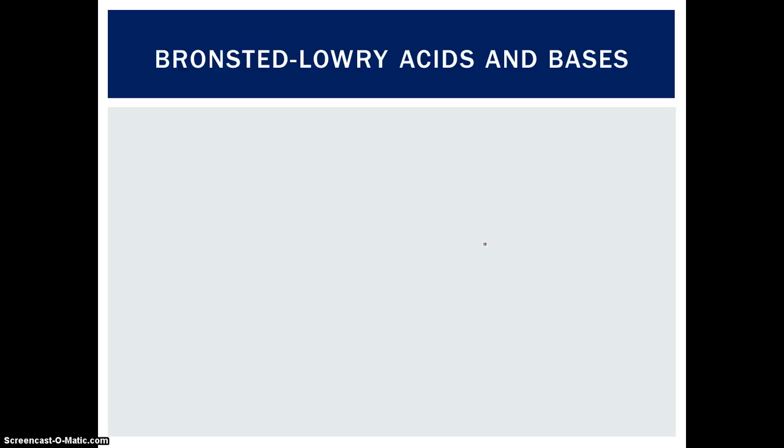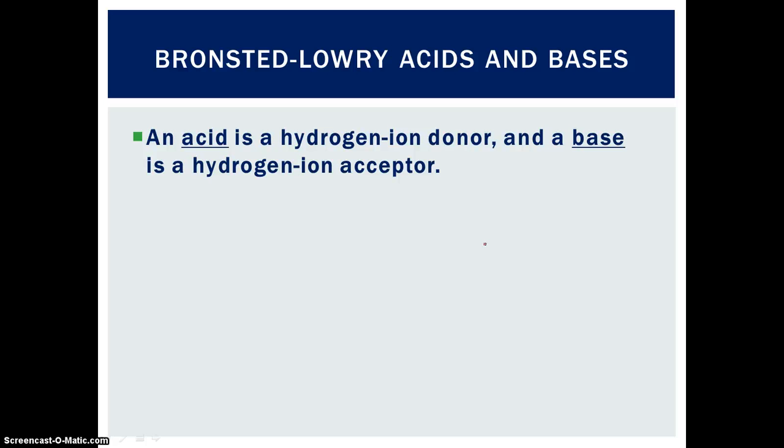The other definition, the Bronsted-Lowry definition, takes a little bit more work to understand. Here, an acid is defined as a hydrogen ion donor. Remember, hydrogen ion is H+. If we remember our structure of H+, we're just going to have one single proton, no electrons around it.